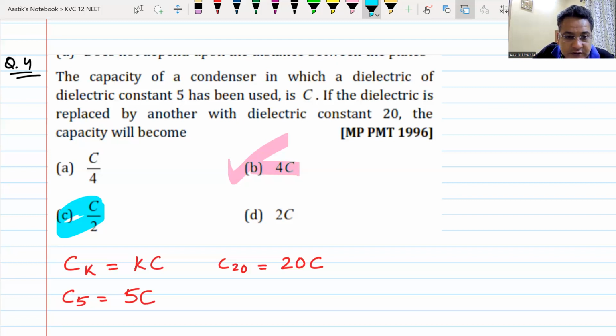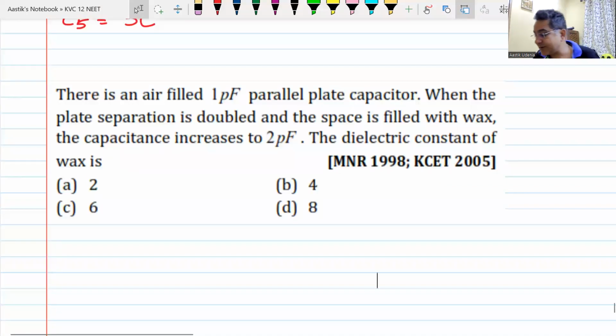Okay, I'll give you one more question. Okay, this one. I'm trying to cover all questions, and I hope that you are able to solve them. I'm not getting confidence in your question solving ability. Once I get confidence, I will be more happy.